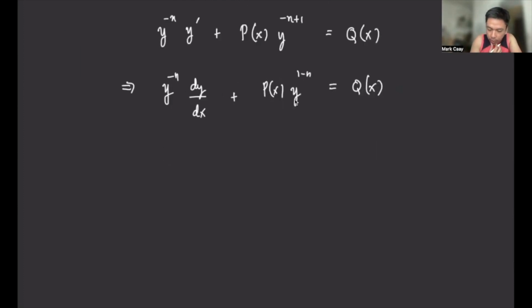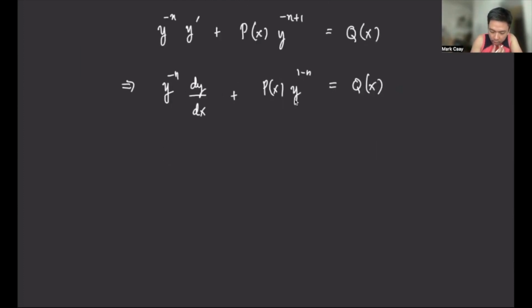And so, ano mangyayari dito? If I'm going to multiply both sides by dx, what I would have is y to the negative n dy plus p of x y to the 1 minus n dx equals q of x dx.